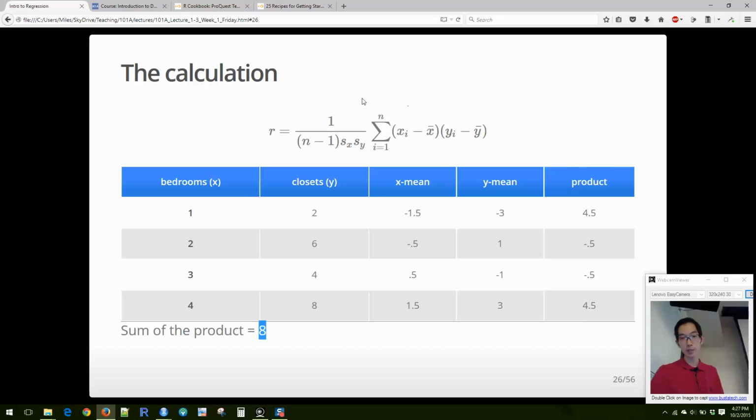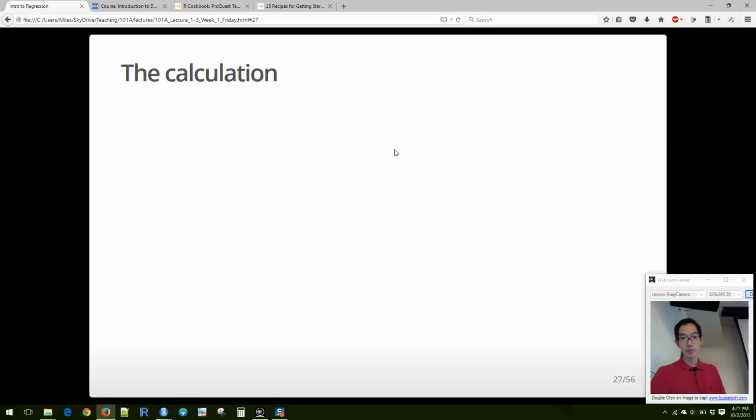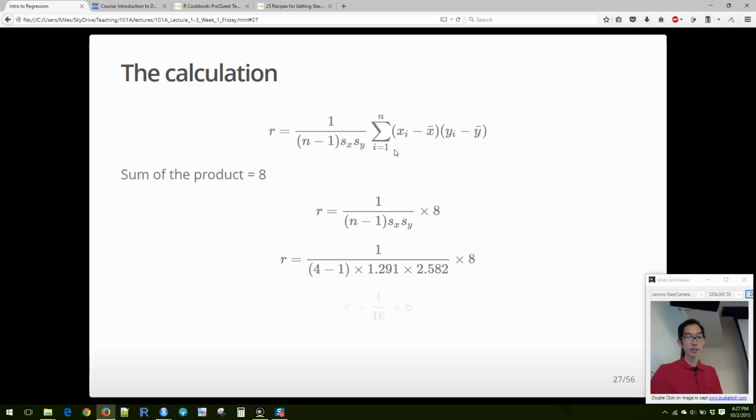So this entire part, the sum, is equal to 8. Now let's throw in our values. If I calculate the standard deviation of x and the standard deviation of y, I get 1.291 and 2.582.